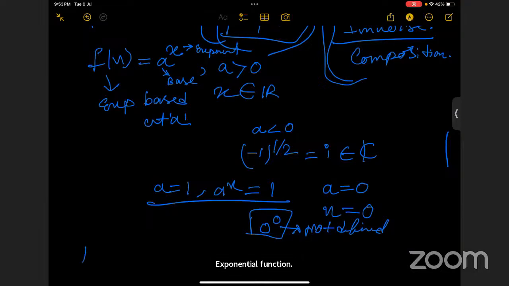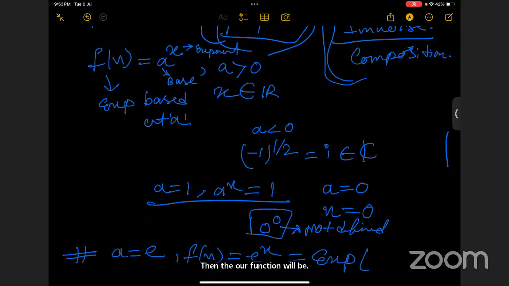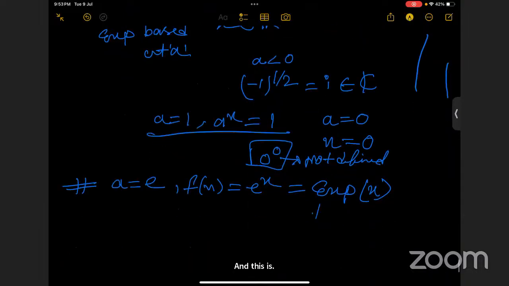If we have a equals to e, then our function will be e power x. Sometimes we can also express it as exponential of x, and this is called the natural exponential function.